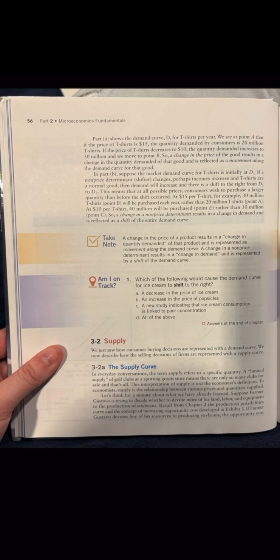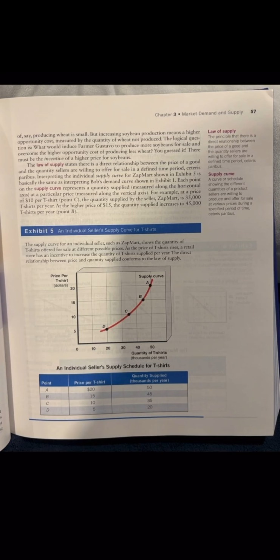If Farmer Gazebo devotes few of his resources to producing soybeans, the opportunity cost of, say, producing wheat is small. But increasing soybean production means a higher opportunity cost, measured by the quantity of wheat not produced. The logical question is, what would induce Farmer Gazebo to produce more soybeans for sale and overcome the higher opportunity cost of producing less wheat?